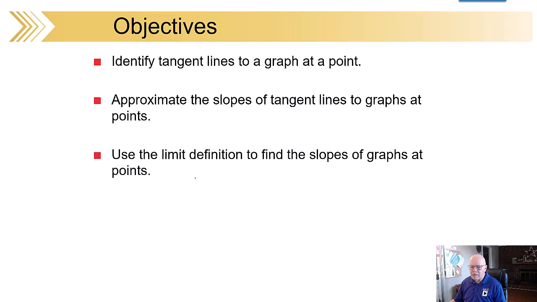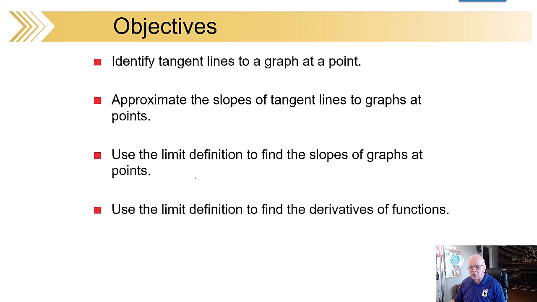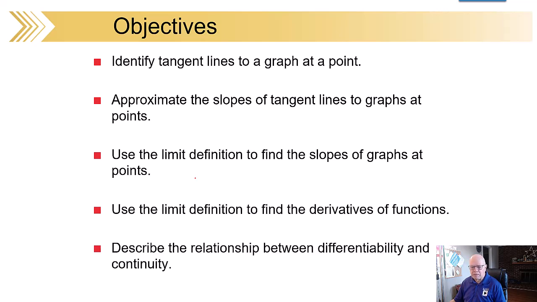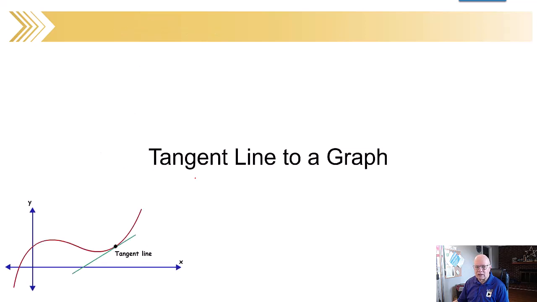The limits, remember, back in section 1.5, we're going to use that to find slopes. And we're going to use that to find derivatives of functions. And then we're going to talk, very briefly, about the relationship between being differentiable and continuity of a function.